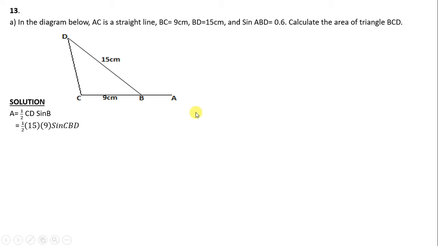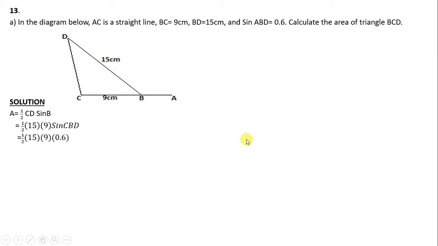Now, we know that when you are given an angle on a straight line, whether it is obtuse or acute in this case, it means that the sine will be the same. So whether we have angle ABD or angle CBD, it is the same.